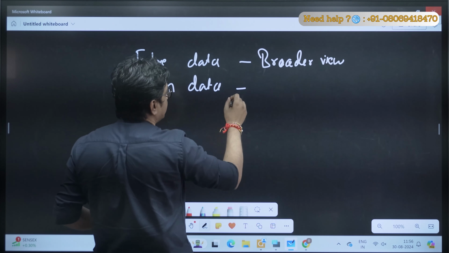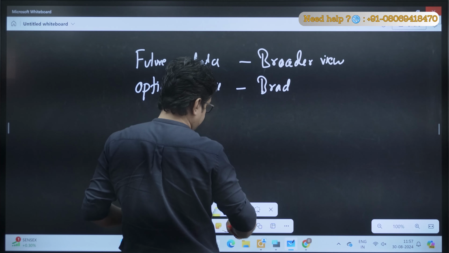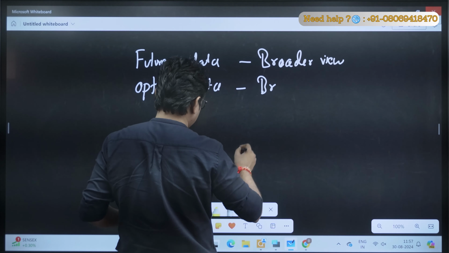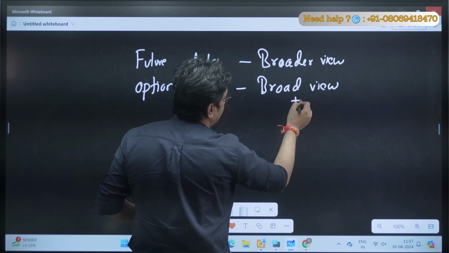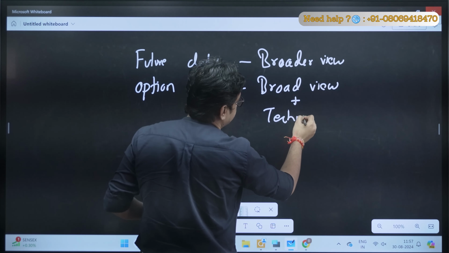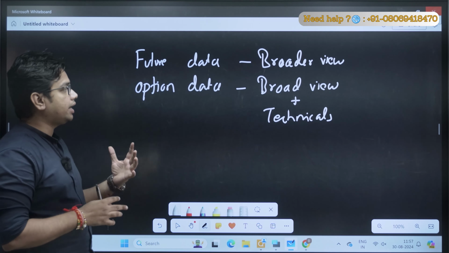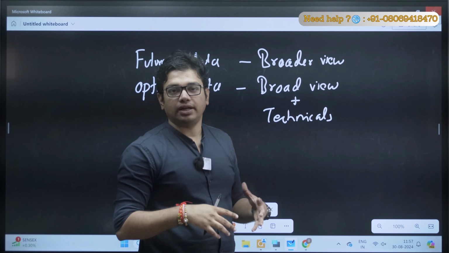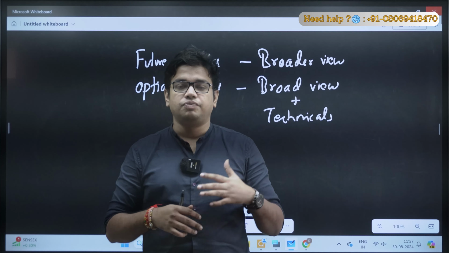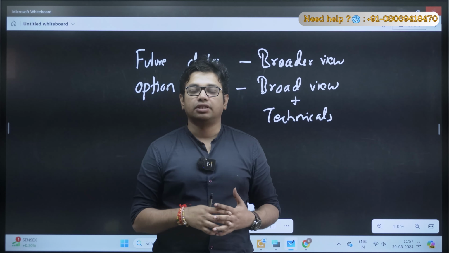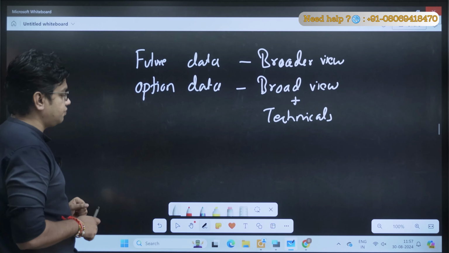Option data will give me a broad view as well, plus I am going to analyze with technicals so that I will get a shorter view also. From the technical perspective I can see which levels will be marked and from which levels I can take the trades.